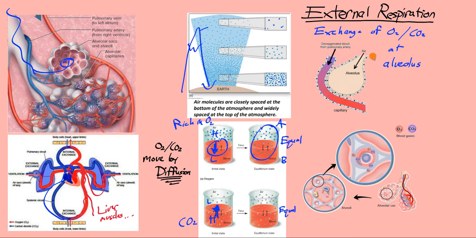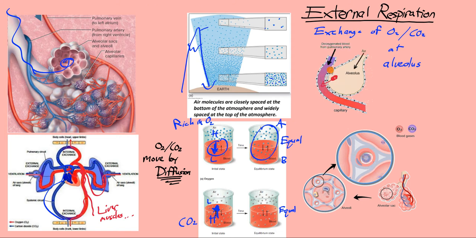So what's actually happening is that inside the alveolus, your alveolar sacs are filling with air through the process of breathing. The air will be rich in oxygen, so oxygen is going to go from high concentration to low. I'll do the oxygen in red because we represent oxygenated blood with a red color.